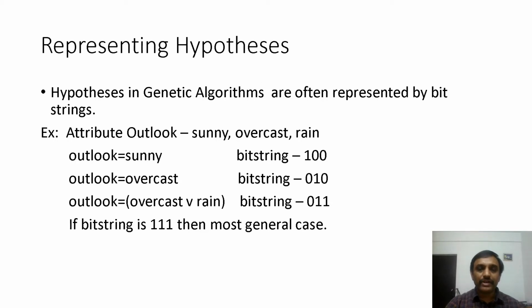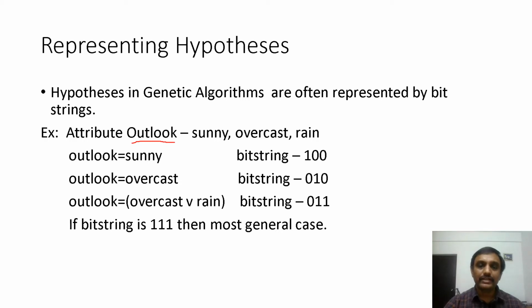How to represent hypotheses? All the hypotheses in genetic algorithms are often represented by bit strings or computer programs. Here we will see how to represent them using bit strings. For example, take one attribute, the outlook attribute.